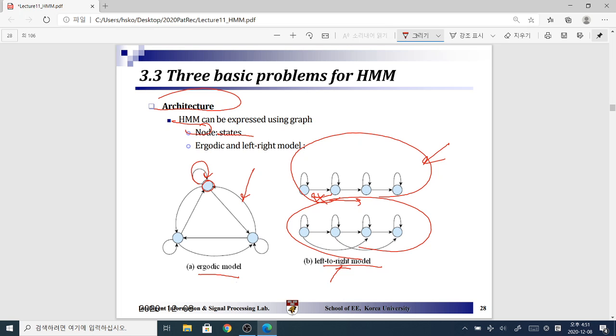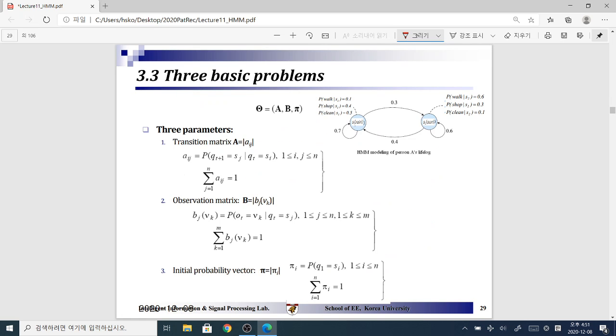Okay, so to do the three basic problems, once again, let's just identify what they are in terms of the three parameters. So I said three parameters, being essentially the transition matrix A for HMM. So this is the HMM model theta, which is represented by A, B, and pi.